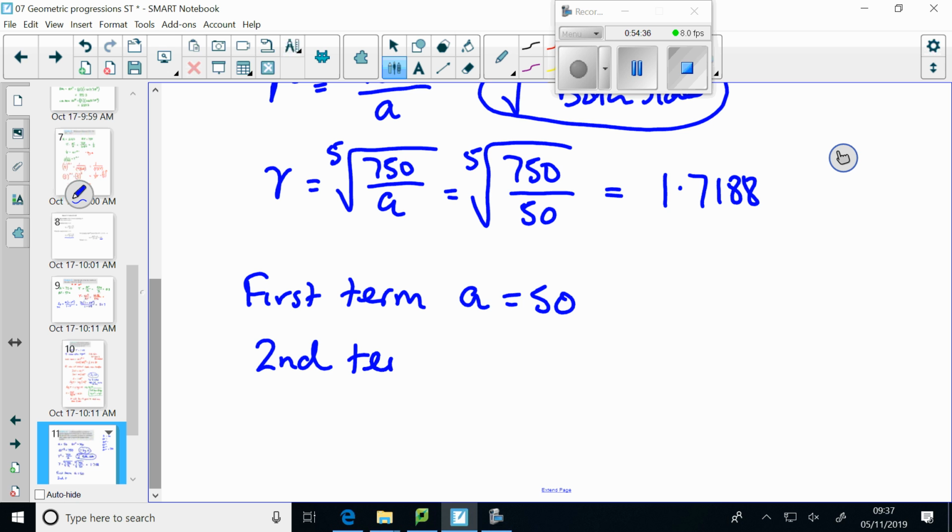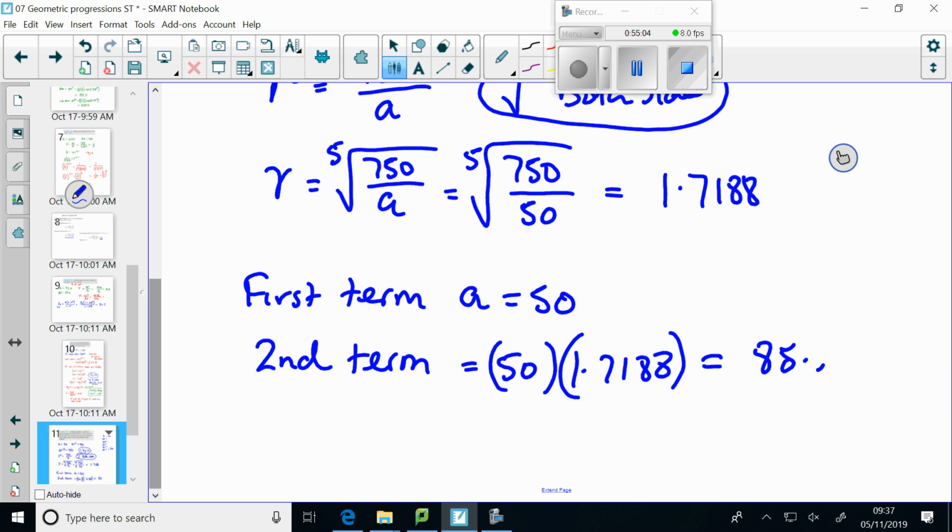How can I calculate the second term? 50 times 1.7188 equals 85.94.